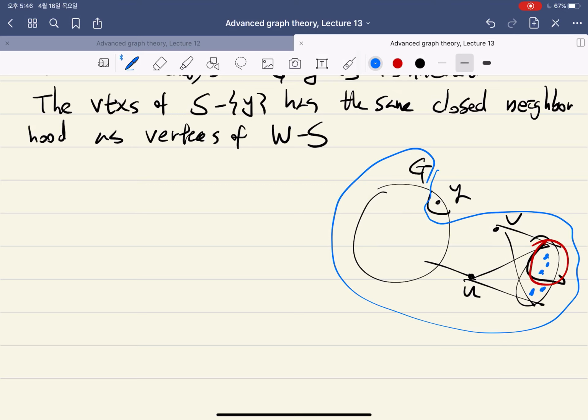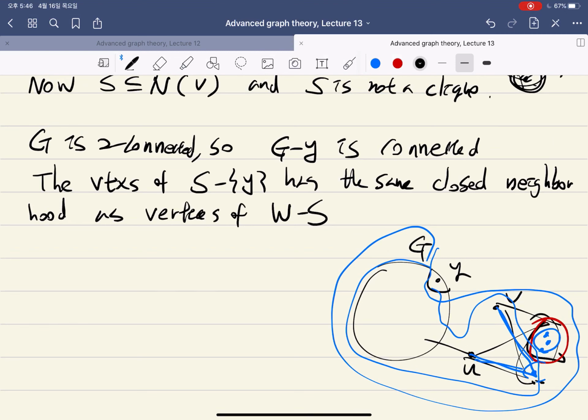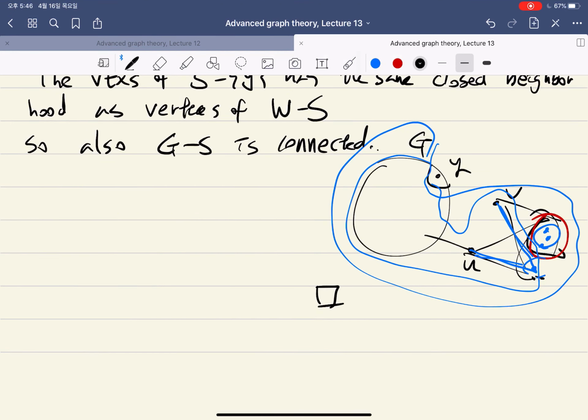So once we are finding paths between two vertices, if we want to use these vertices, we can use these instead. So at least one vertex remains here, and so we have these again connected. So also G minus S is connected. So this proves the lemma.